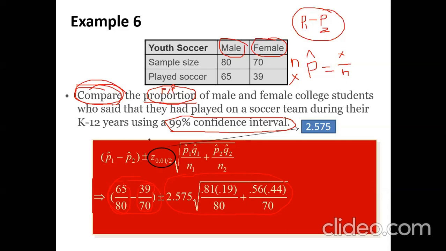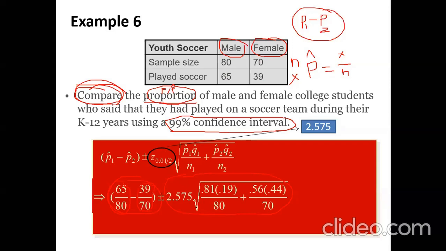Again, if you refer to the formula, to get the value of P or P hat, P or P hat is equal to X divided by N. So here X for male is 65, X for female is 39, and the sample sizes N are 80 and 70. So 65 divided by 80 is X divided by N for male, and 39 divided by 70 is X divided by N for female.